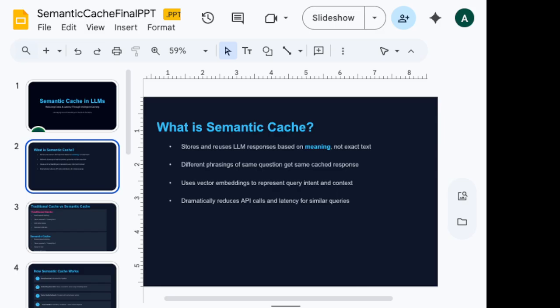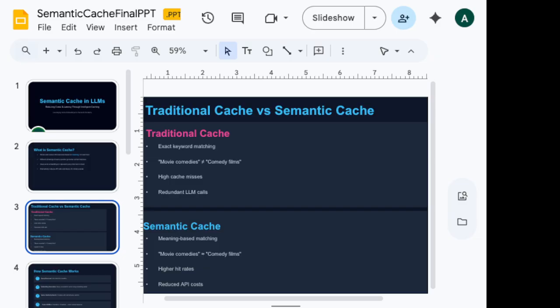The LLM model here is specific to the embedding that we are going to use. Eventually, it reduces the API calls over the network, and hence the latency for similar sets of queries would be mitigated to a very large extent. We'll talk in detail on all these aspects in the forthcoming slides.